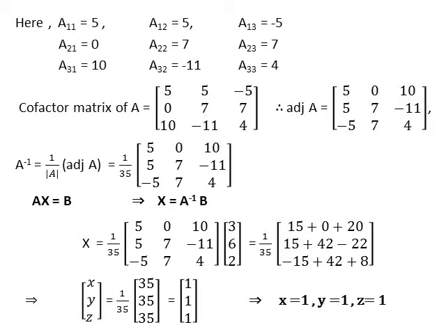In next step, multiply each element of this matrix obtained by 1 by 35. Now, X is column matrix in which elements are variables x, y and z. In next step, equate the corresponding elements of these two matrices. We get value of x 1, y 1 and z is also 1.